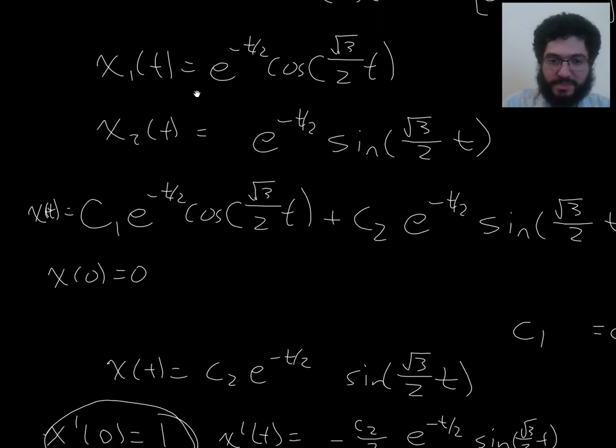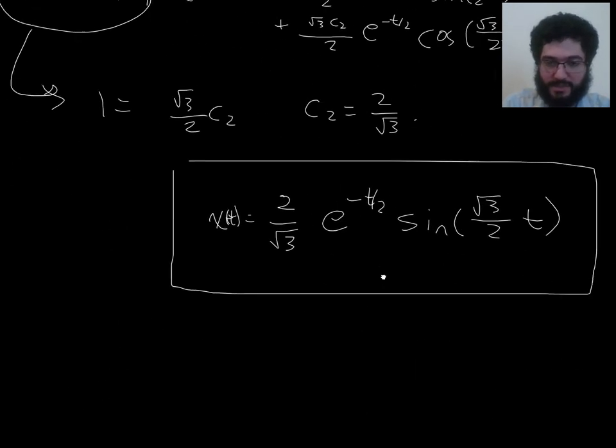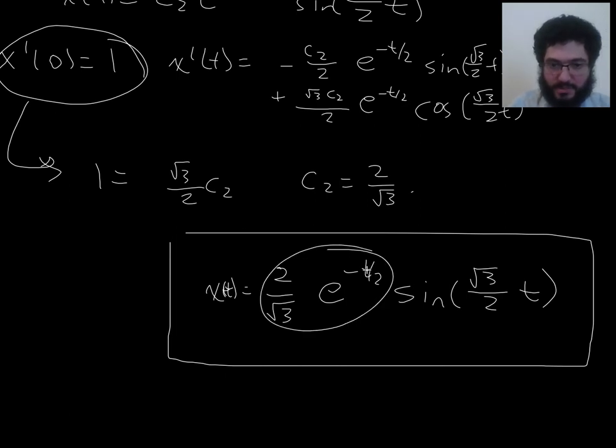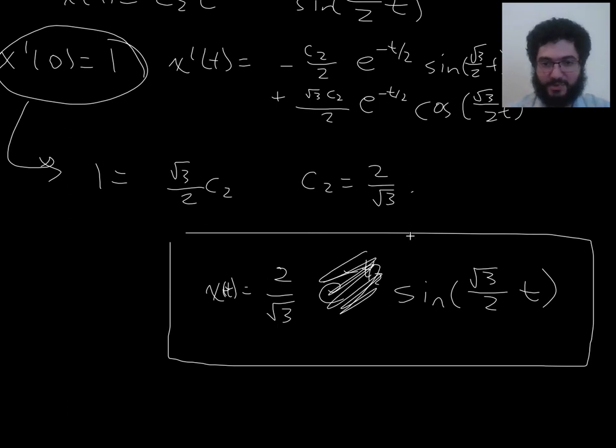And hopefully that makes sense when you look at this. If I were to leave out this portion, let's say I didn't have this part, then what is this? It's just a sinusoidal function, right?